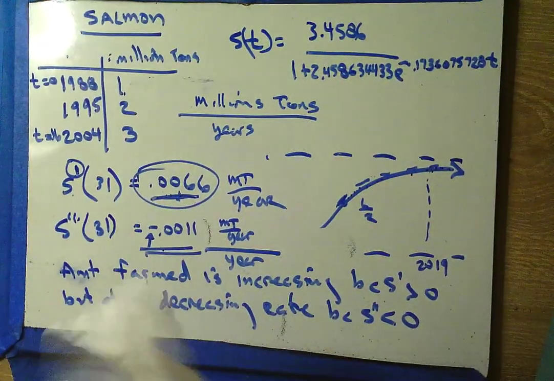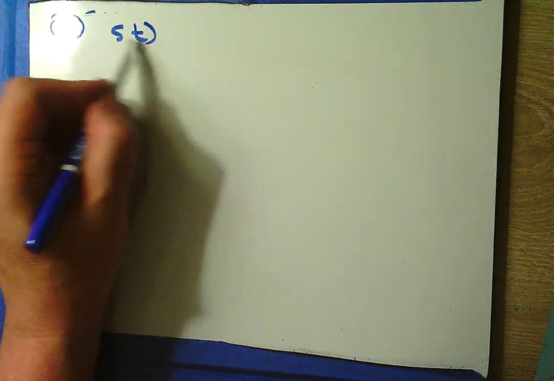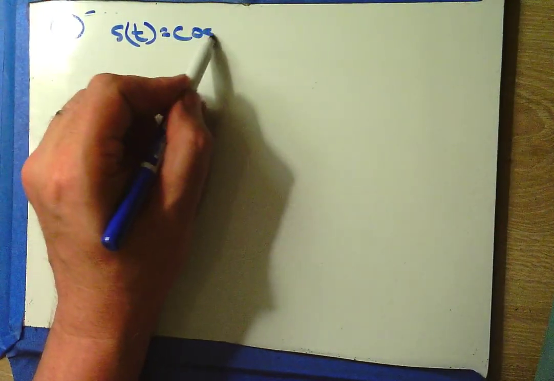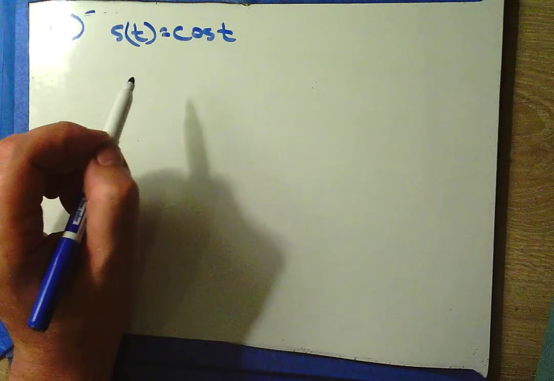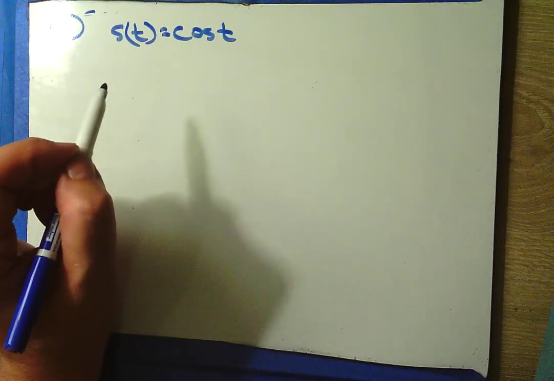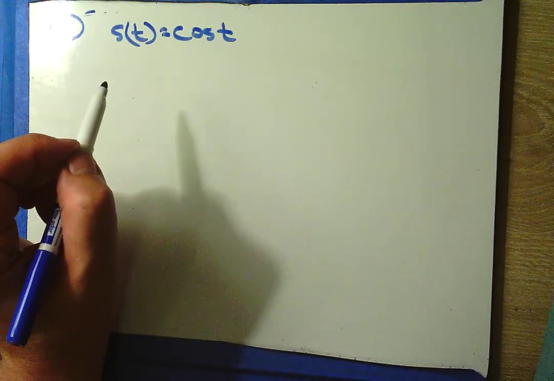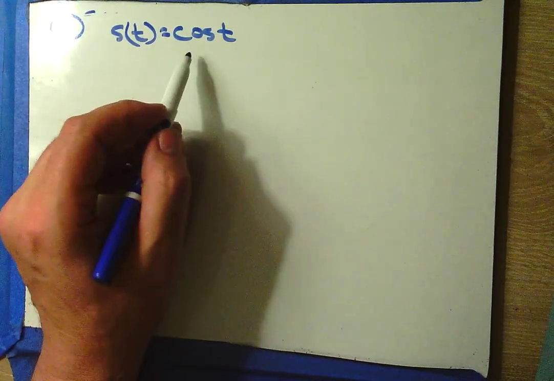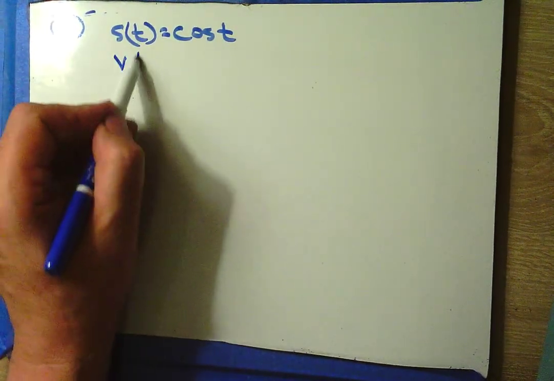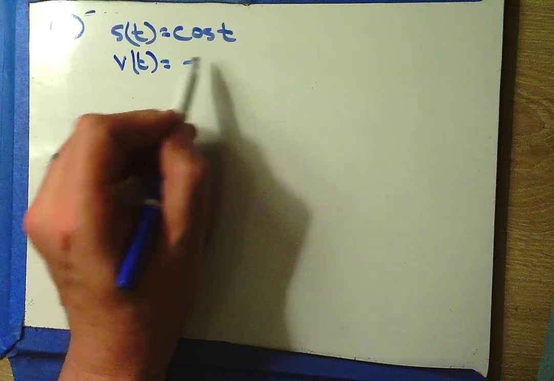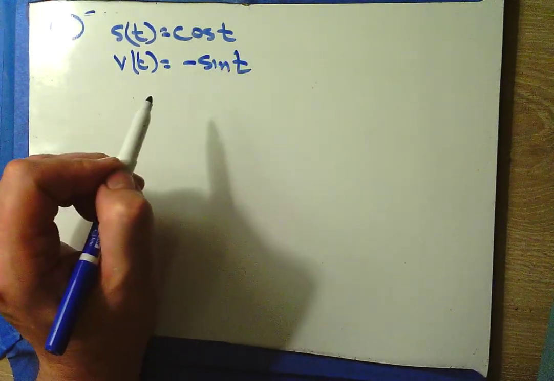Second question. We've got S of t equals cosine of t. Now remember when we were drawing the graphs of derivatives and we said the derivative graph of cosine was negative sine.